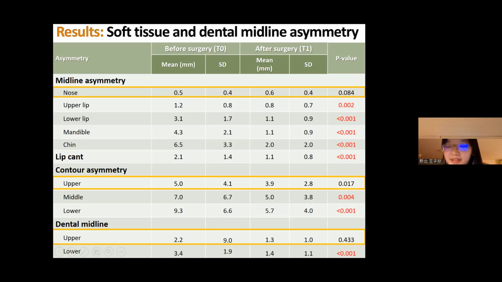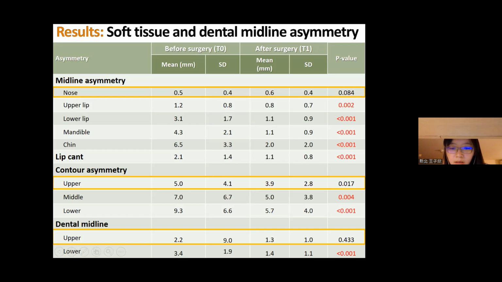I think in my study, the most difficult part is to define the central plane of the maxilla and the mandible. Maybe because I don't have enough experience in making sure the central plane is in the middle of the whole maxilla and the whole mandible.